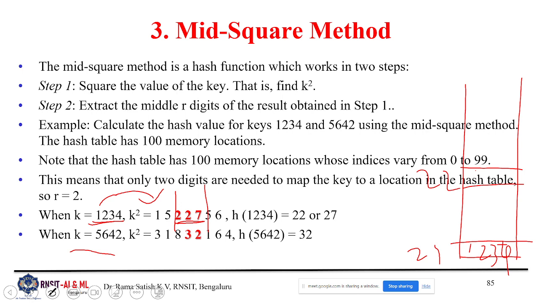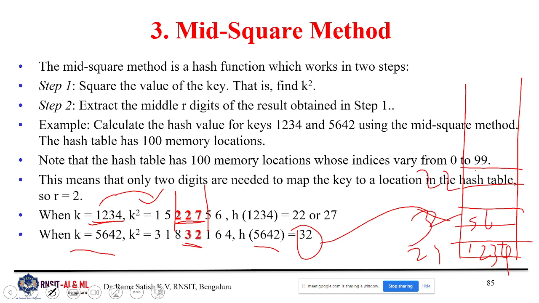The middle elements you just take, you get 3 2. Whatever the middle element you get, that is 32, will be the location where this 5642 has to be stored. So it is in the 32nd location.